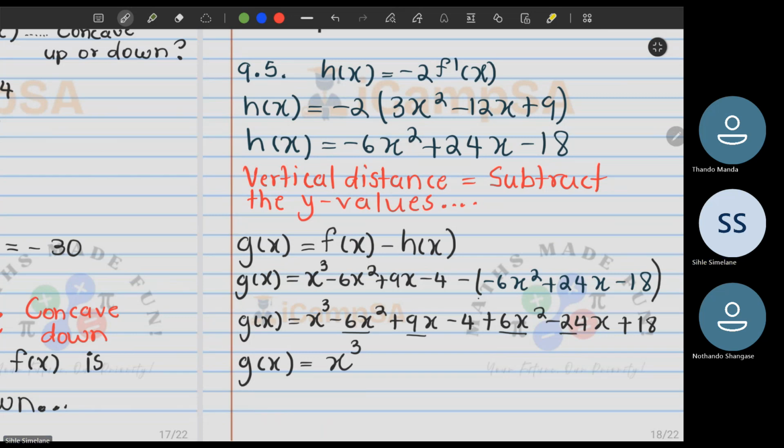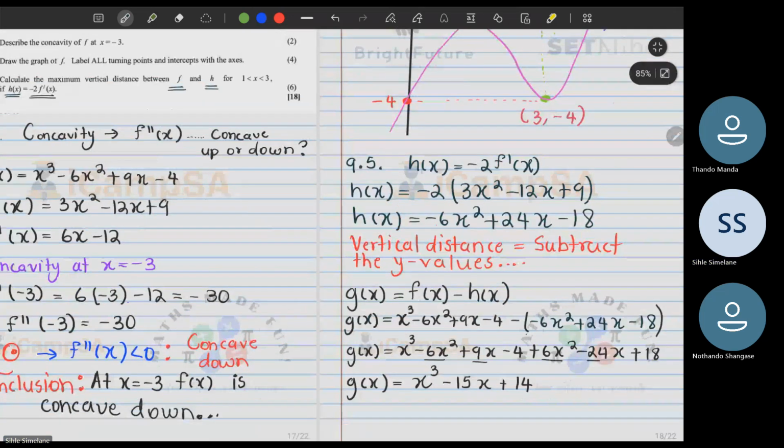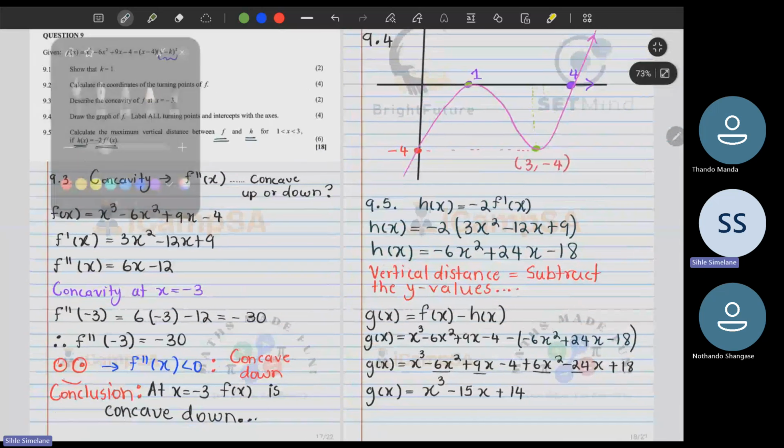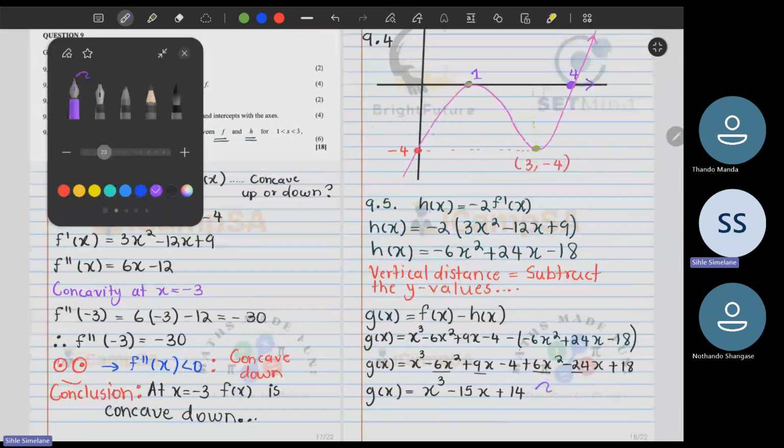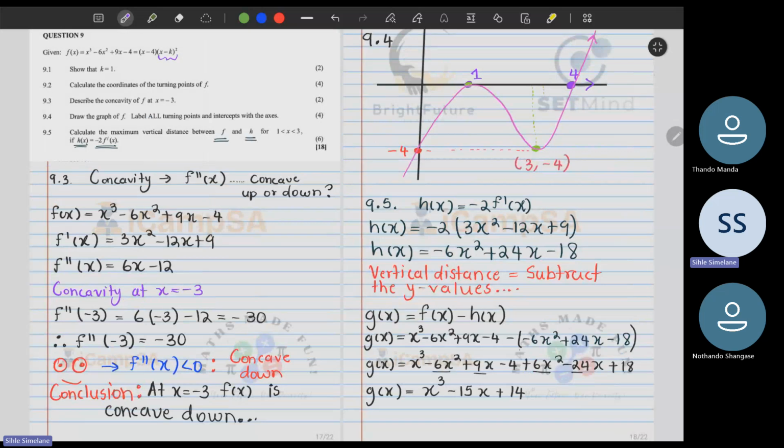What does that become? Negative 15. So that becomes minus 15x. And then you have minus 4 plus 18, that will become plus 14. Okay, that is what we have. So now this is the function that describes the difference between the y values. This is the function that describes distance.